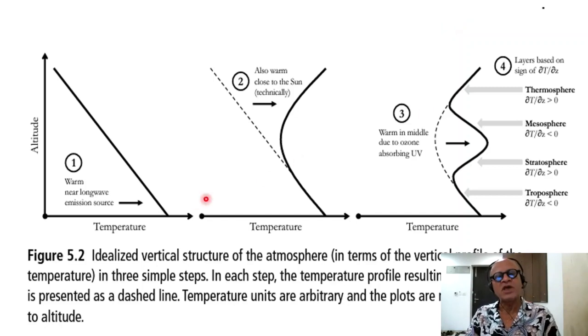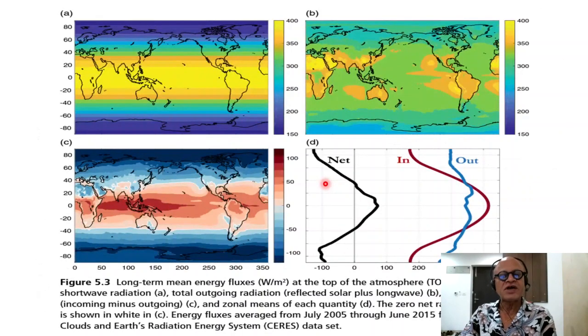So that's a quick recap of the energy balance that gave us the vertical profile that we had seen before already. If we now look at the top of the atmosphere fluxes, the solar radiation at the top of the atmosphere you expect is going to be high, order 400 watts per meter squared in the low latitudes.